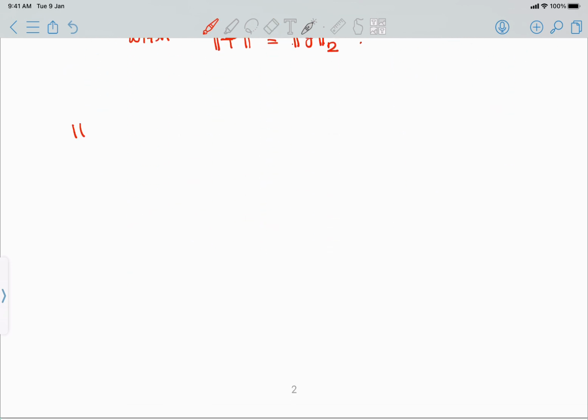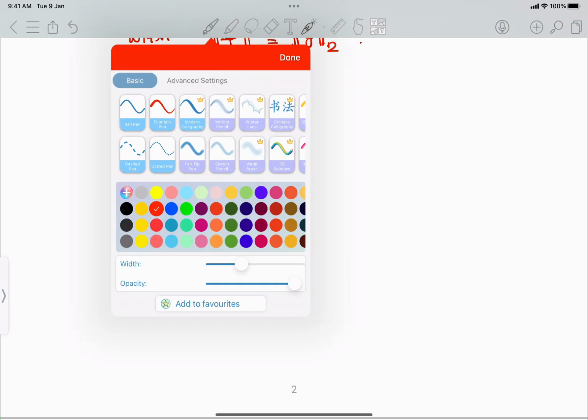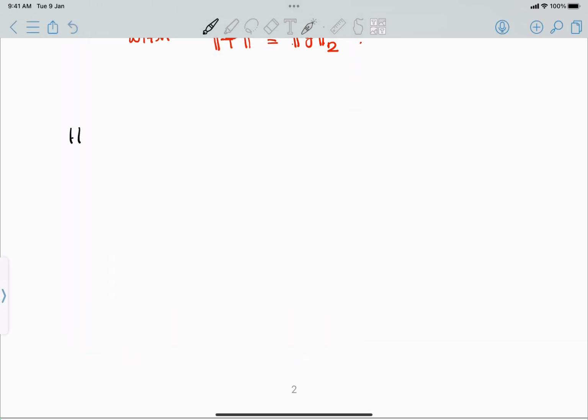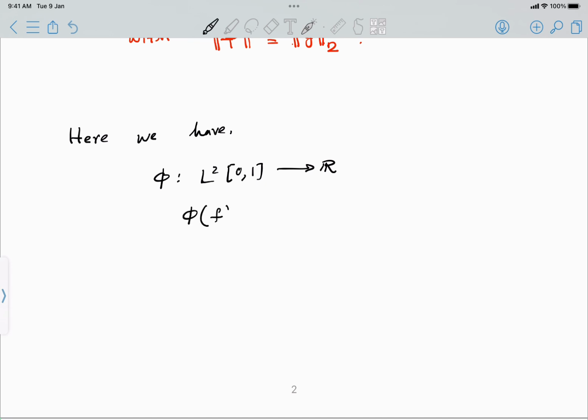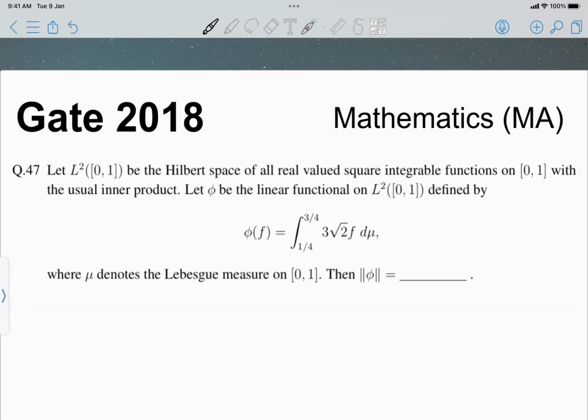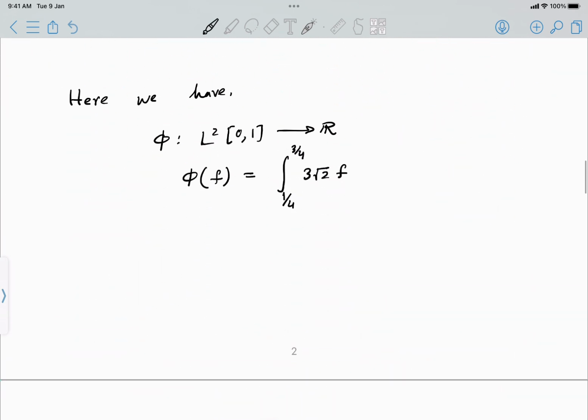So here we have phi, a linear functional from L2[0,1] to R, which is phi of f equals the integral from 1/4 to 3/4 of 3 root 2 f(x) d mu(x).